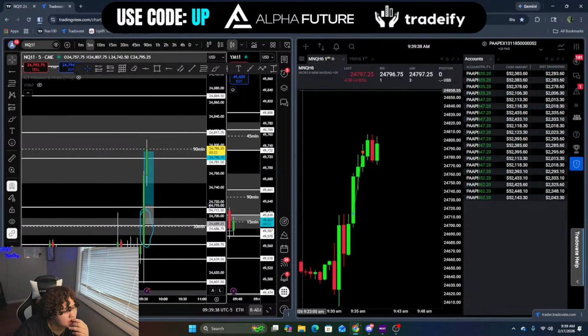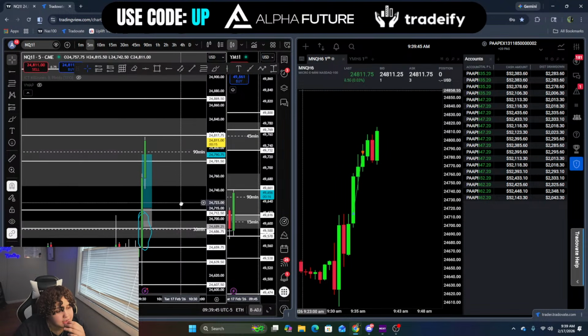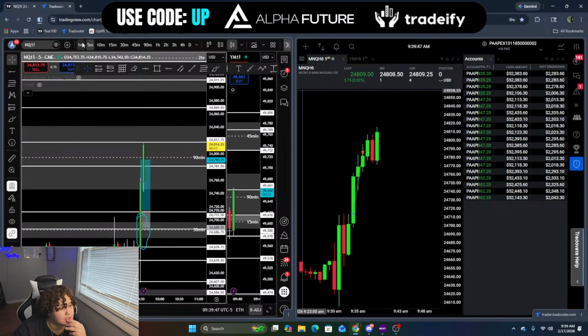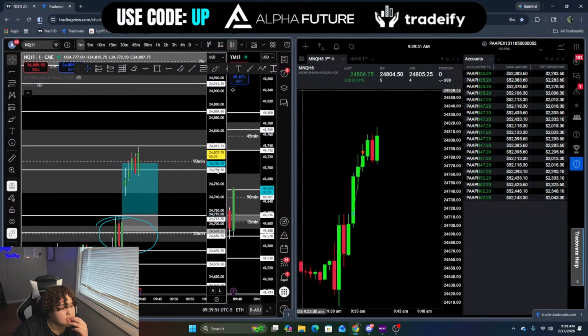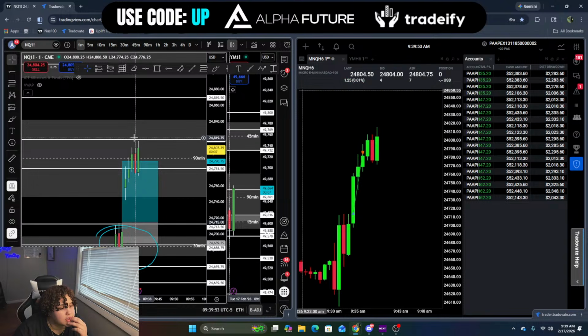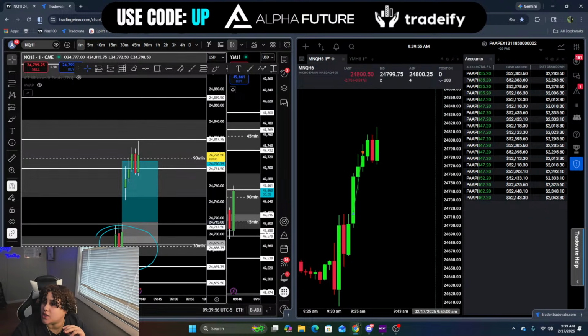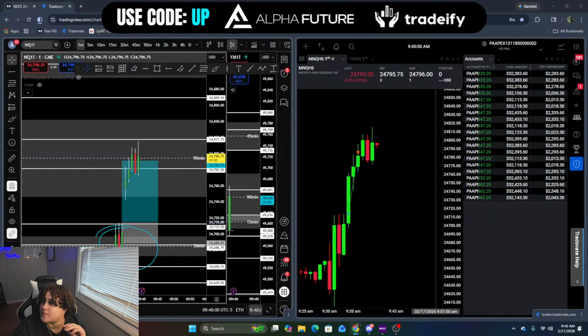We'll see. This 5 minute is about to close out above this 50% line. I do think the longs could definitely continue. Let's see. If it gets above 820, I'm going to take a long.